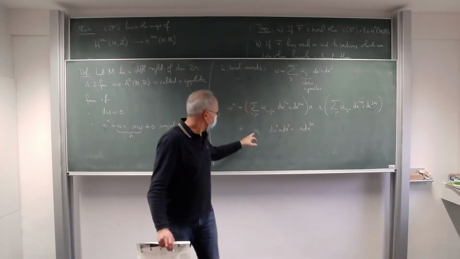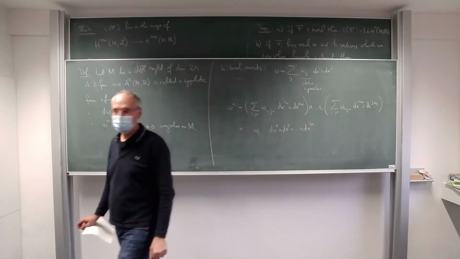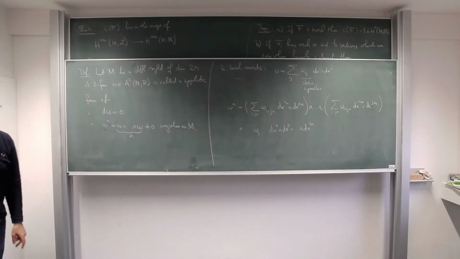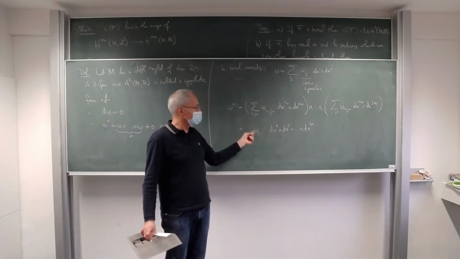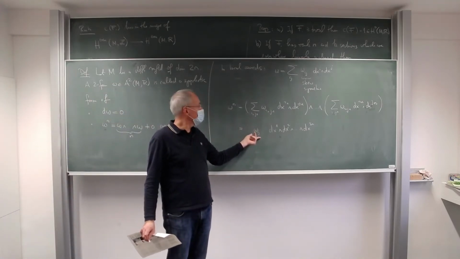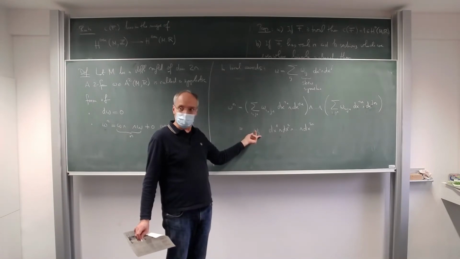So what is it? So this must be a scalar, right? So the omega ij is a matrix, and then I must end up with a scalar somehow computed out of this matrix omega ij.